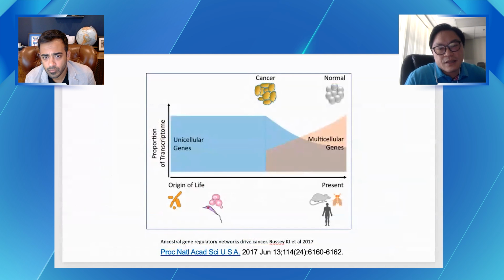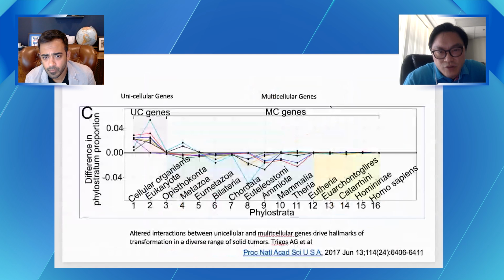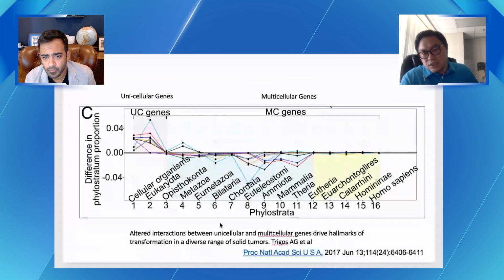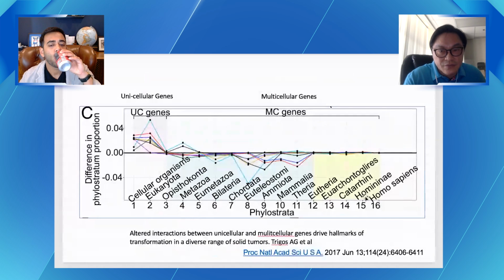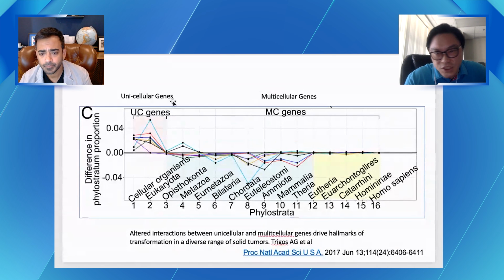So let's take all of the genes that we know about and divide them into these phylostrata. Phylostrata are Homo sapiens here, which is the most recent genes. And then you can divide your entire genome by evolutionary age, by millions of years, the more ancient genes. These are multicellular genes, these are unicellular genes, and these are recent genes, and these are ancient genes.